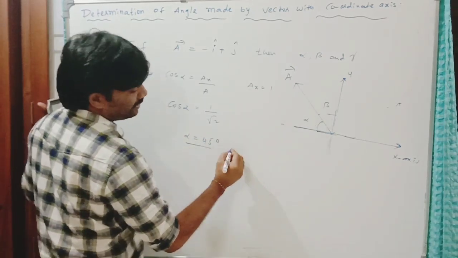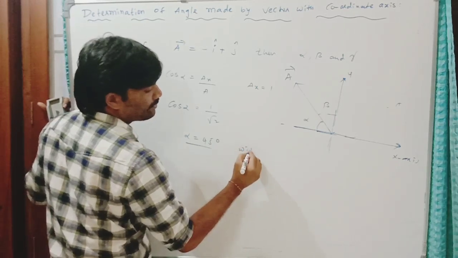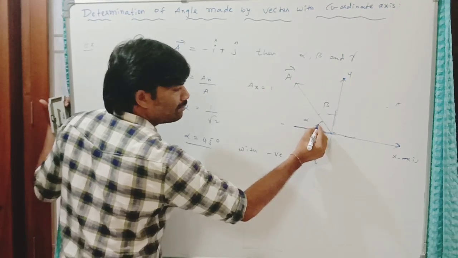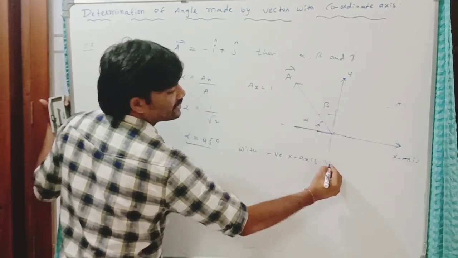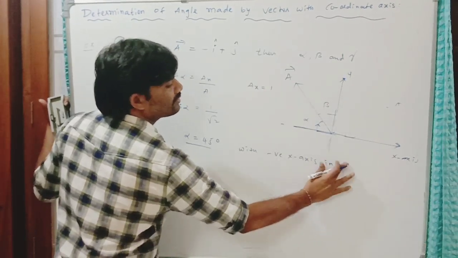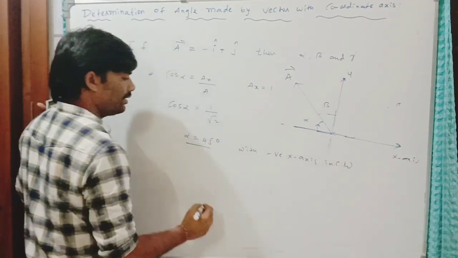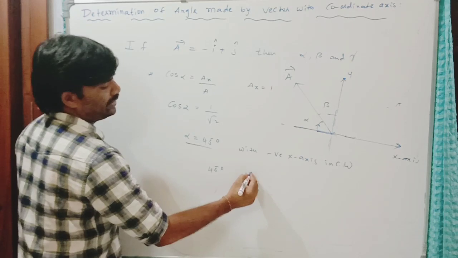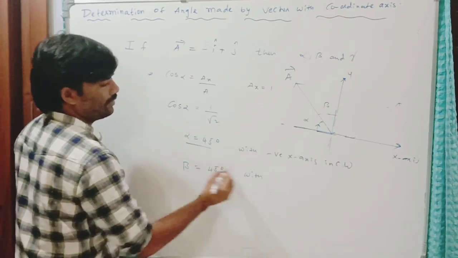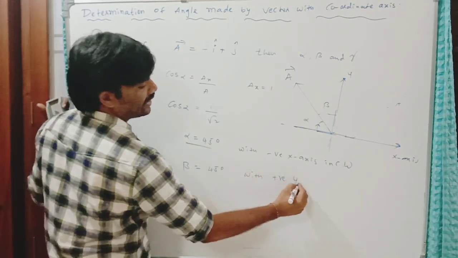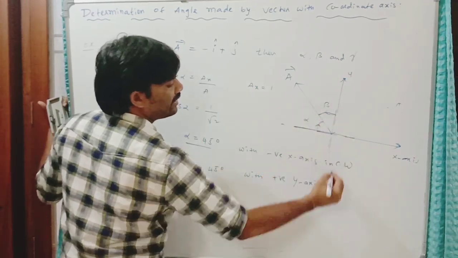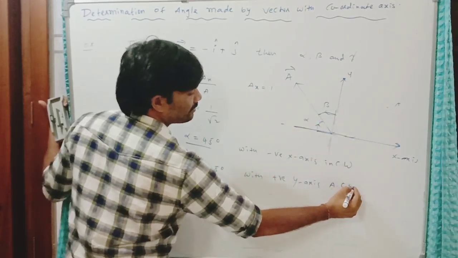So this is 45 degrees with the negative x axis and it is measured in clockwise direction. Or you can say the same 45 degrees angle, beta also the same, with the positive y axis. So this measurement is in anti-clockwise direction.